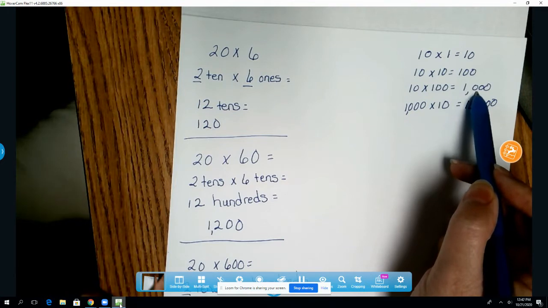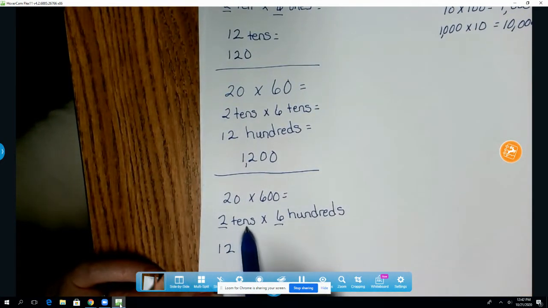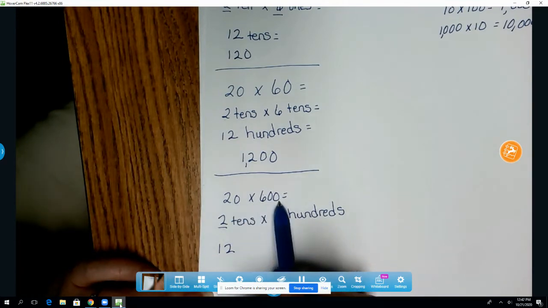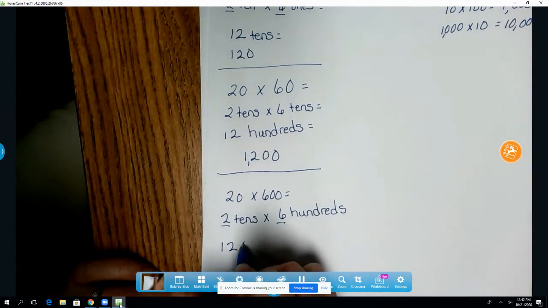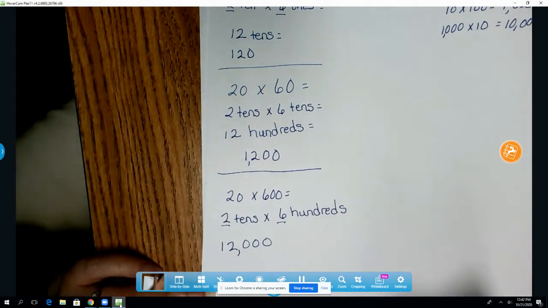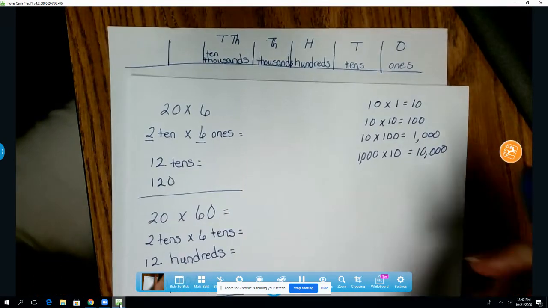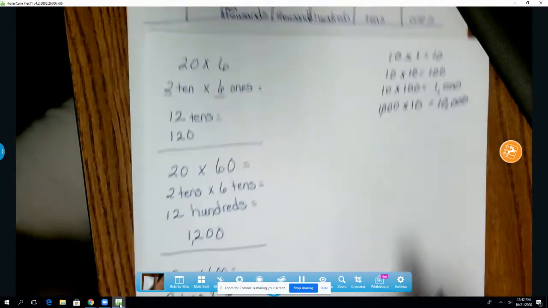And if I look here, there's 1, 2, 3 zeros. In this, there's 1, 2, 3 zeros, which would be 12 thousands. 12 thousands.